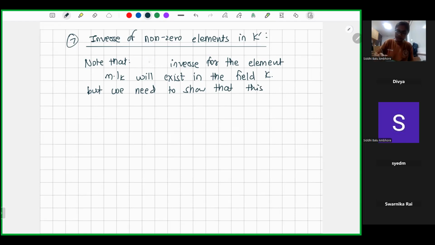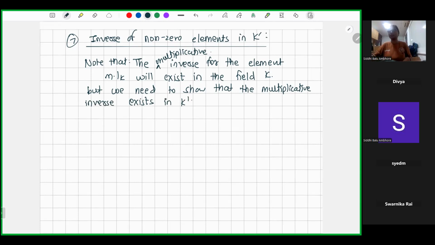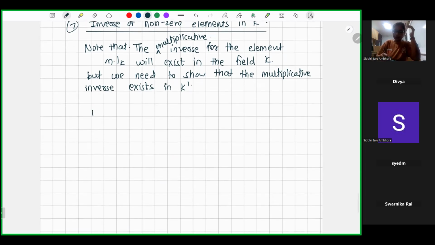When I'm writing the inverse, it is the multiplicative inverse, because we already discussed the additive inverse earlier. So we have to show that the multiplicative inverse exists in k dash. This is what we need to prove. That will give us that k dash is a field, and not just show that it has some inverse.